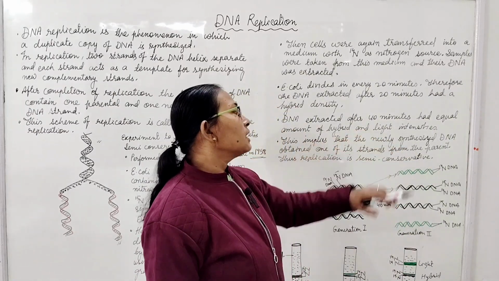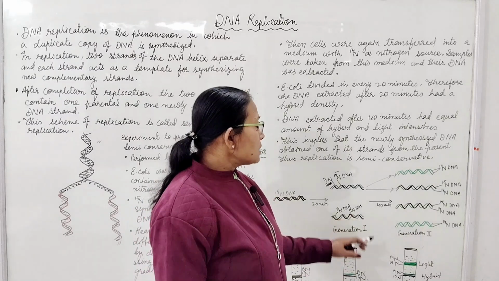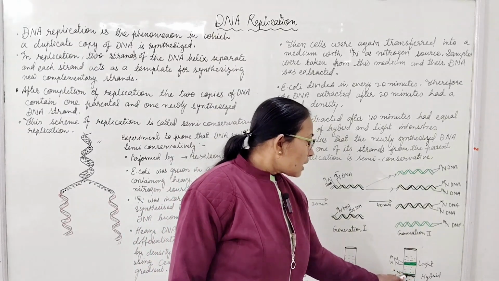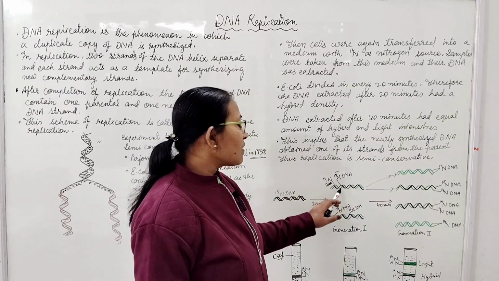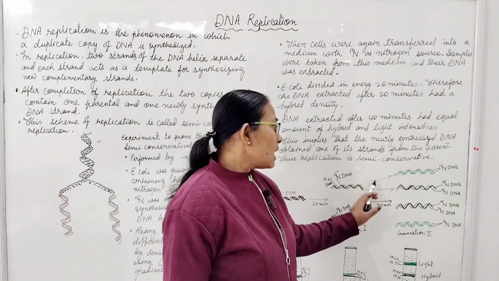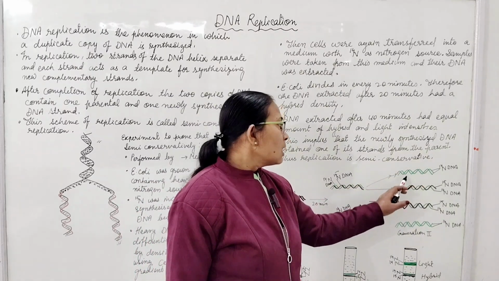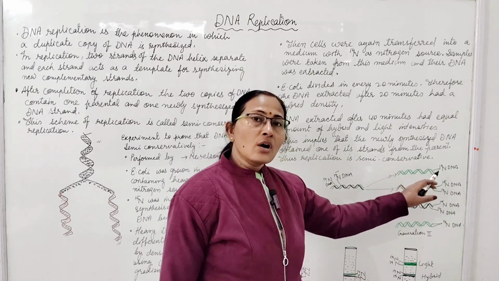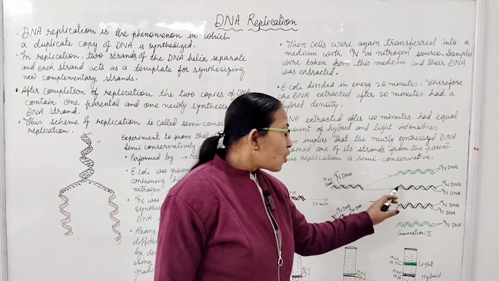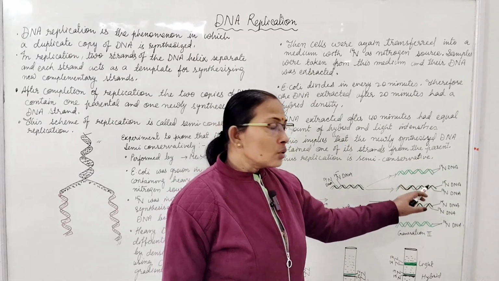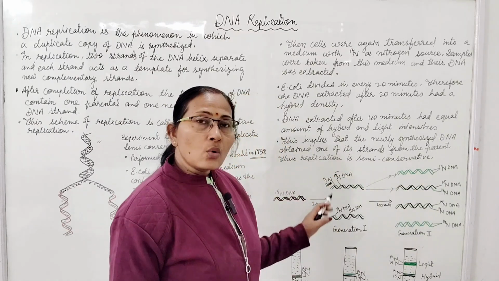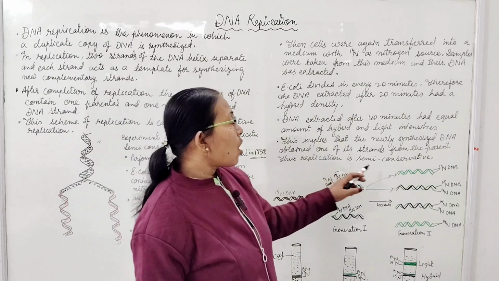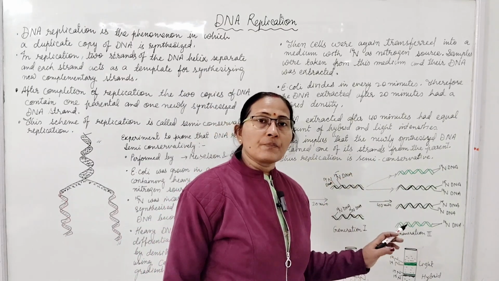Equal amounts of hybrid and light intensities means hybrid DNA and light DNA. When the two strands of hybrid DNA separate and replication takes place, the new strands of N14 form and follow the complementary strands of the old parental strands of the hybrid DNA.